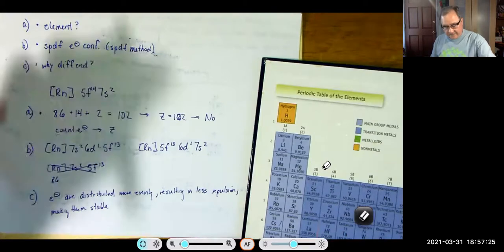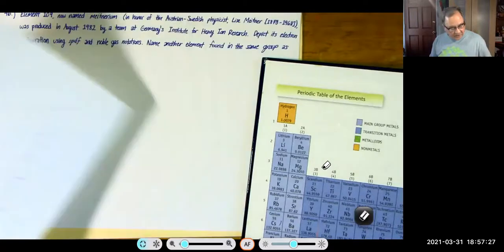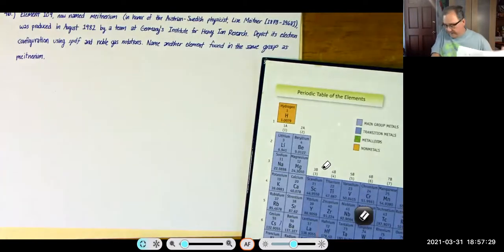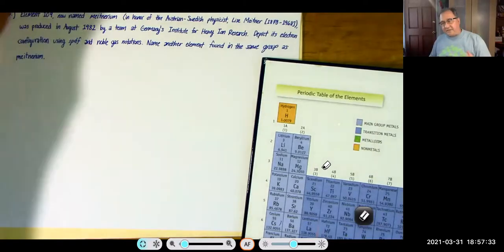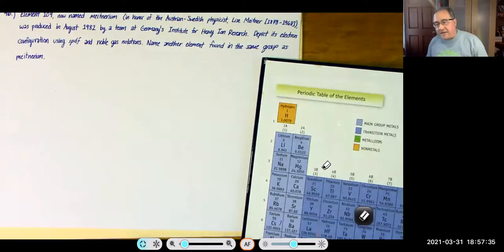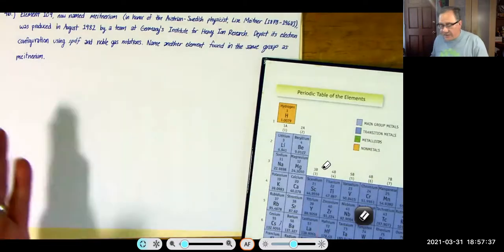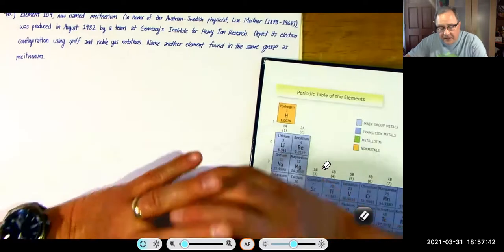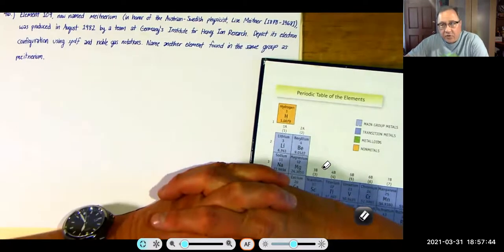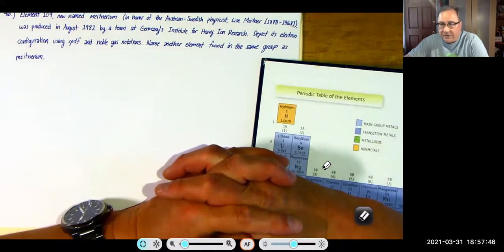Okay. So I can see that you're going to have to fine tune this a bit. And don't be afraid to do the SPDF method and then compare it to the ones that the book gives you. And remember, if they're different, you want to know the reason why. And what is the reason why?